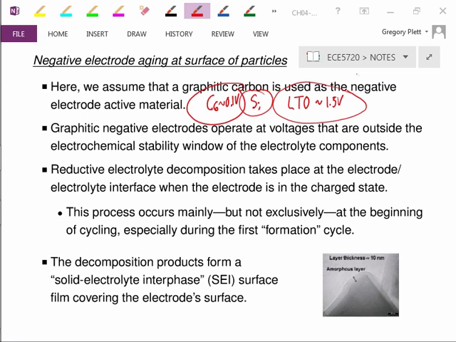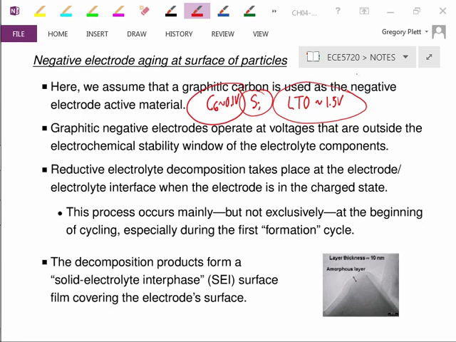But it does not degrade nearly as quickly. It can be used for very high power applications, and it's practically indestructible. You can charge and discharge an LTO battery forever, and you will see very little aging.